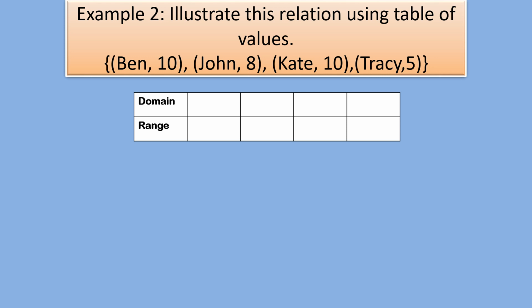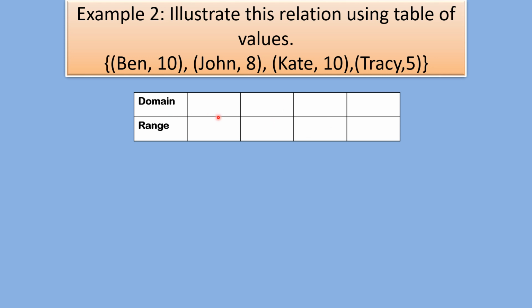Okay, let's have our second example. Our second example, sabi dito, illustrate this relation using table of values. So it means that we will be needing this table, two-row table, wherein the first row contains all the elements of the domain.